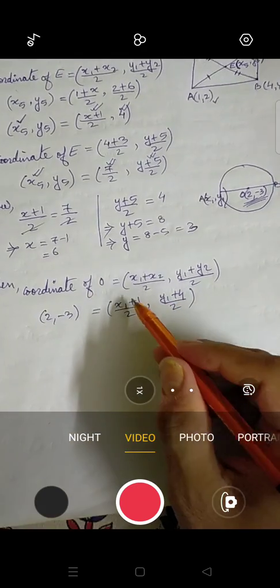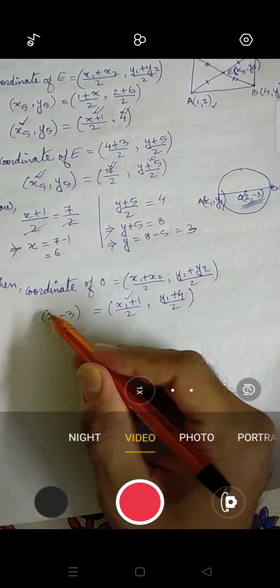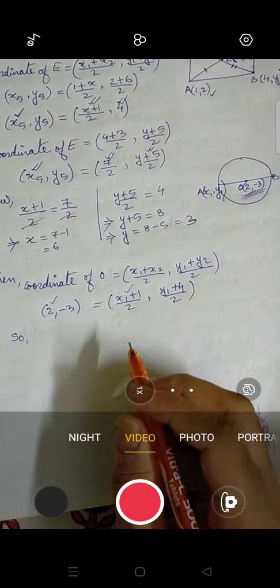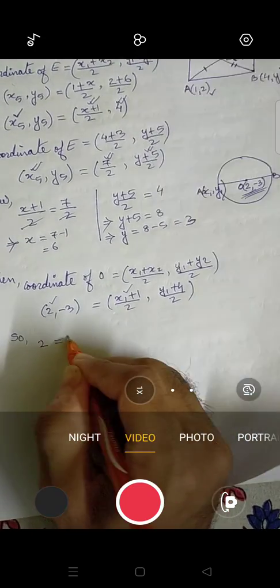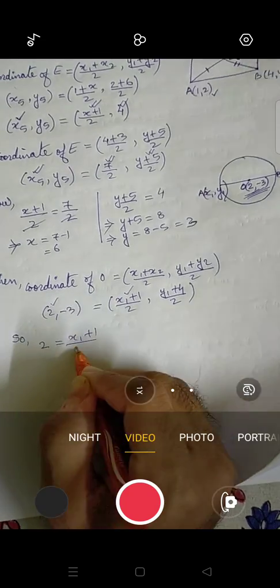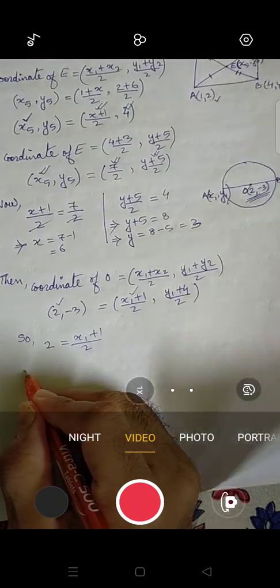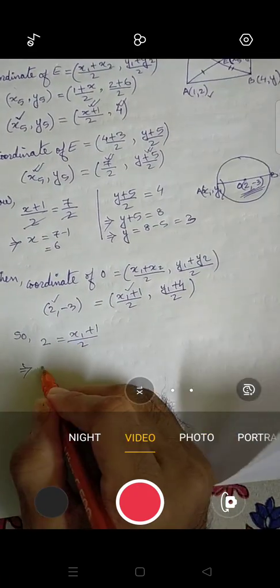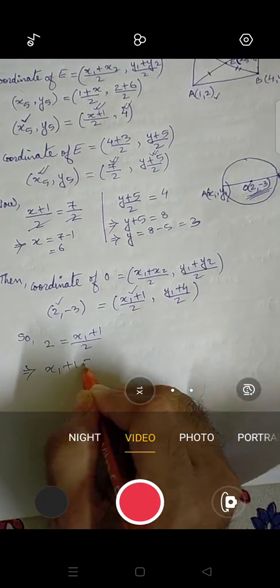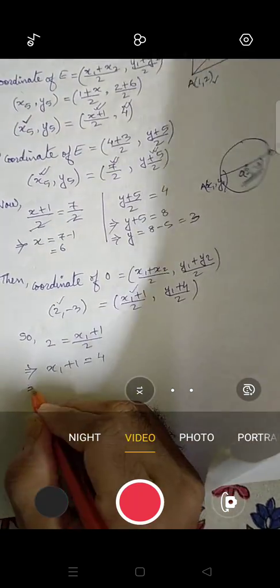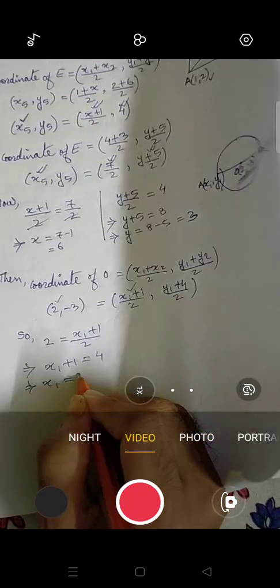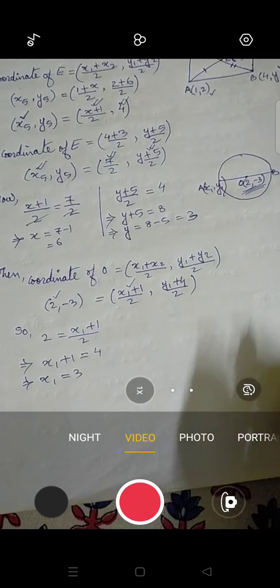Now can I say that 2 is equal to (x1 plus 1) by 2? Yes or no? Now cross multiply, we will have x1 plus 1 equals 4. Now this 1 will transfer there, x1 equals 3. Fine.